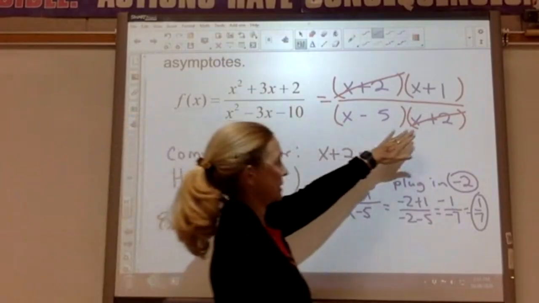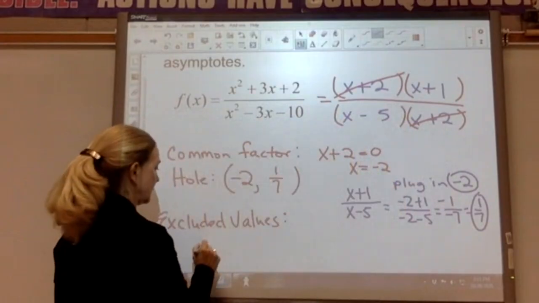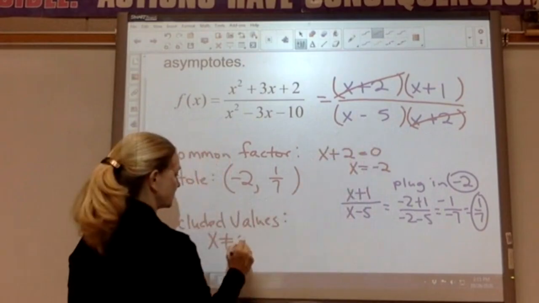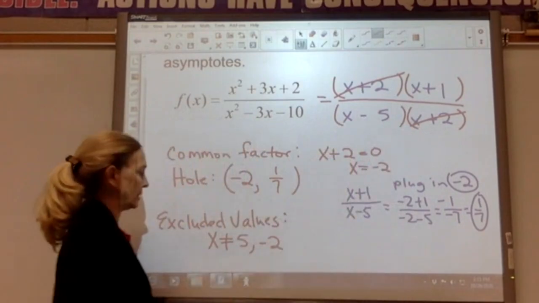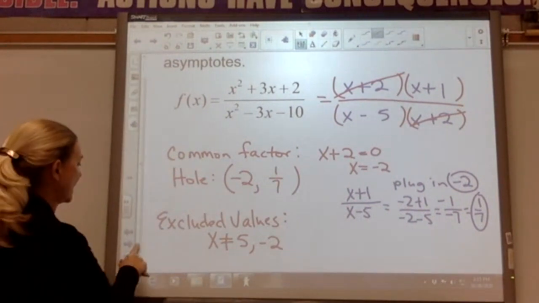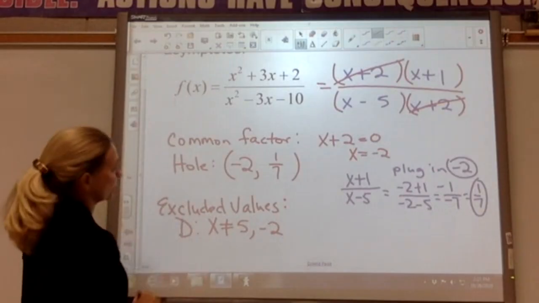So I pretend like this x plus 2 is still here. So the excluded values would be x cannot equal +5 or -2, right? So that's the excluded values. And then, so that is our domain, right?